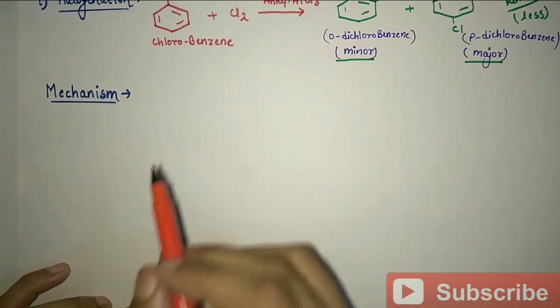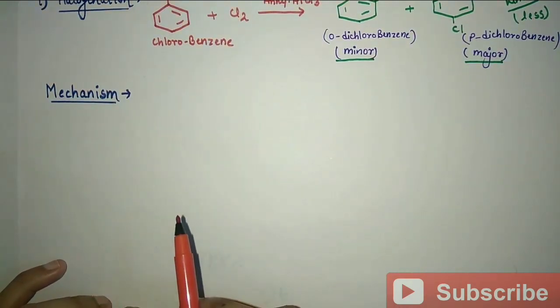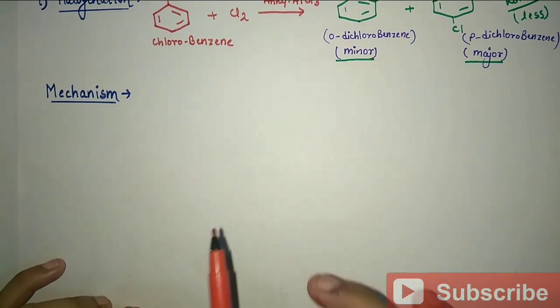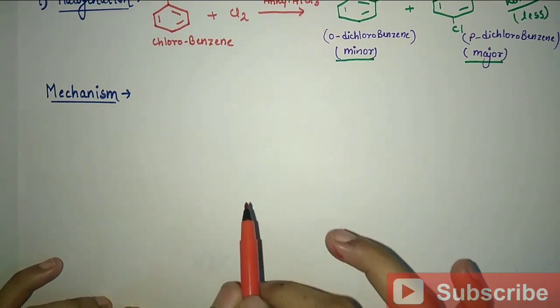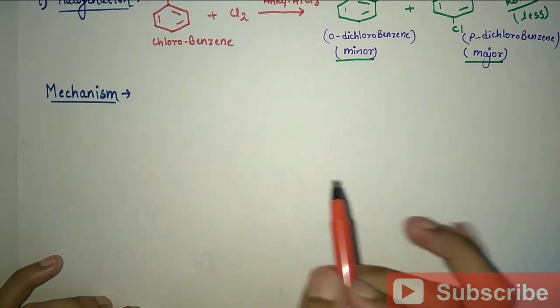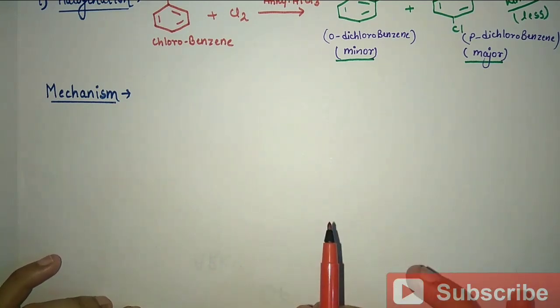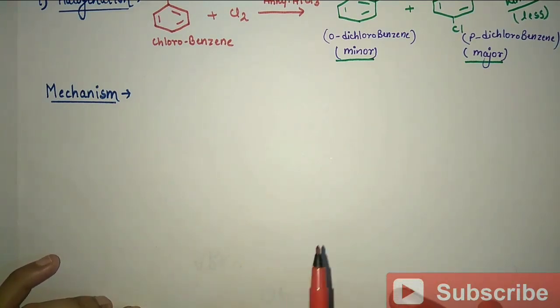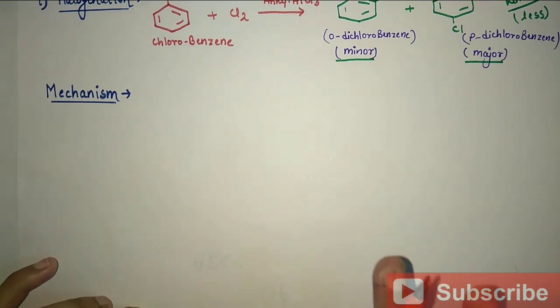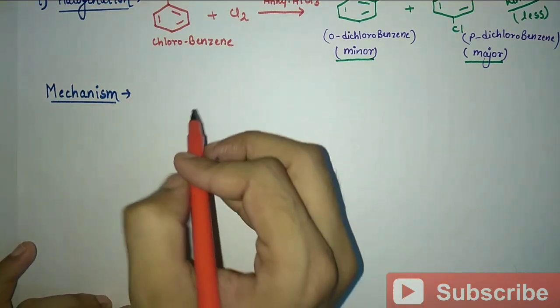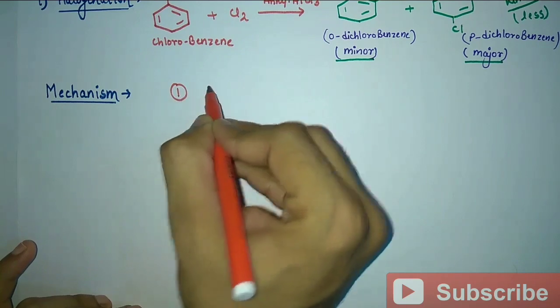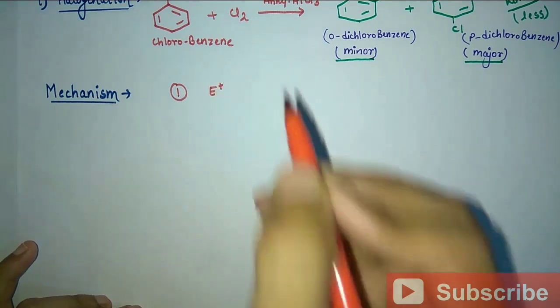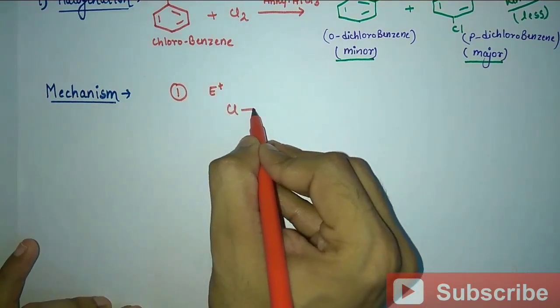Now let's see the mechanism of this halogenation. I will tell you the mechanism only once in this halogenation, and in all other examples the mechanism will be the same. So I will only show you the generation of electrophile in each case. Now let's see the mechanism. The first step is the generation of electrophile. So this is our Cl2 molecule.